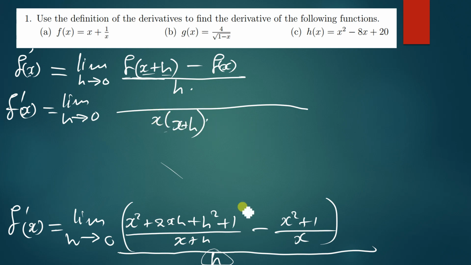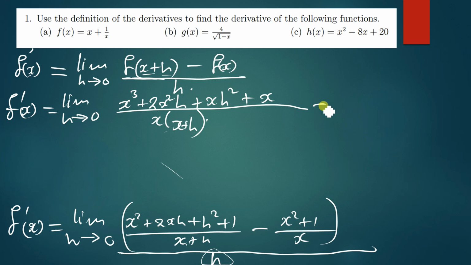Then on top there, we're going to have x times everything, so x times x squared will be x to the power 3. x times 2xh gives 2x squared h. Then x times h squared gives xh squared, plus x.